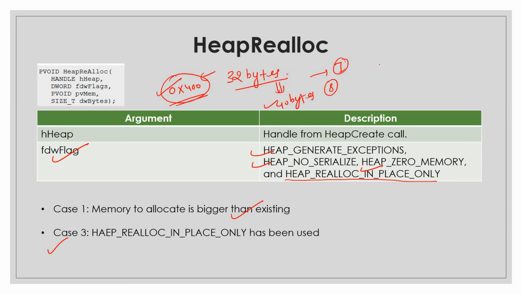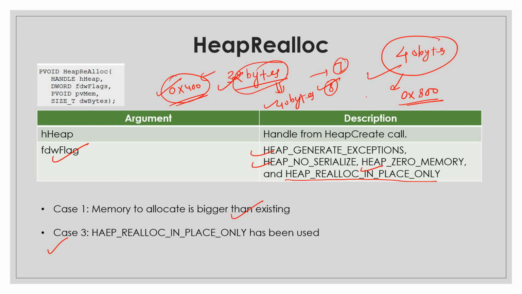But in case the system didn't get these 8 bytes adjacent to the 32 bytes, it will free these 32 bytes, find a suitable block of 40 bytes, allocate a new memory area, and return a new address for this block after HeapReAlloc.